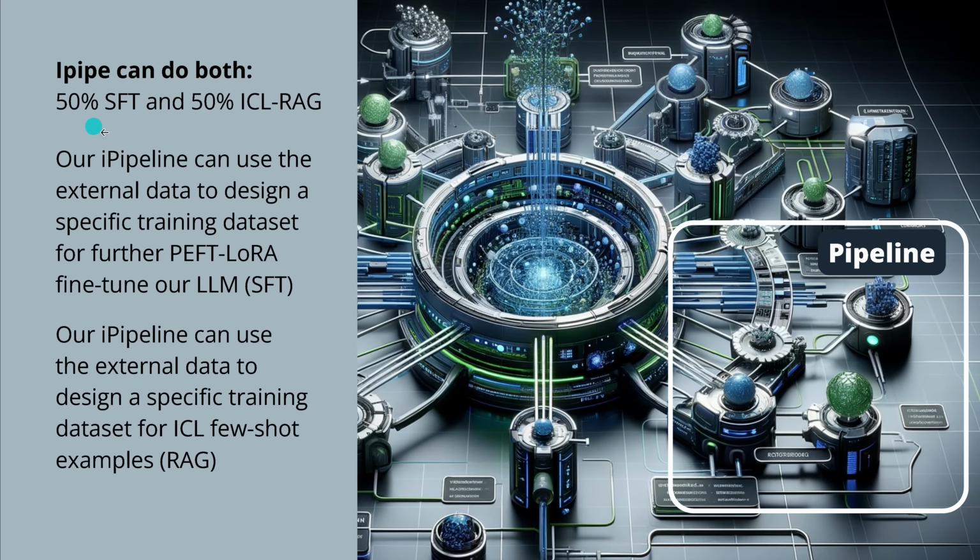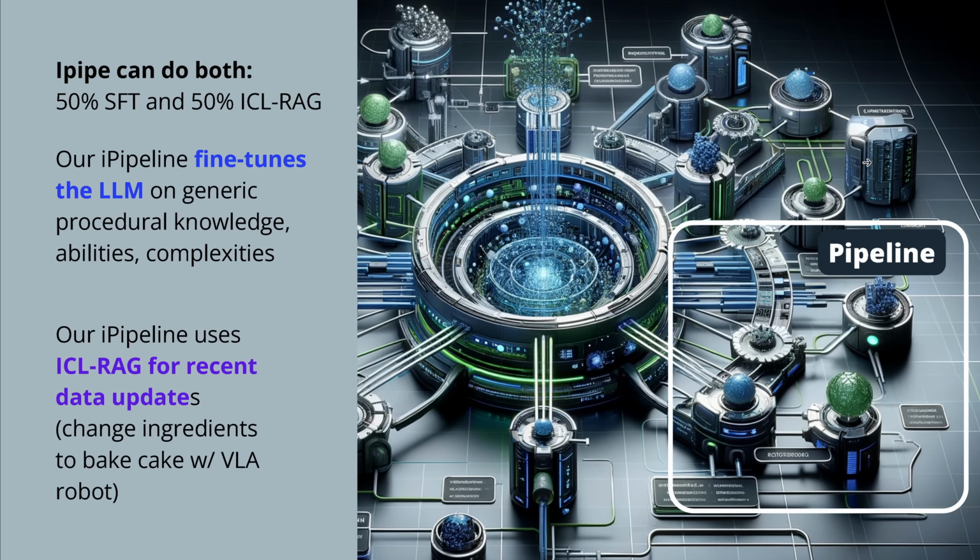So let's say 50-50 or 30-70 or whatever, 10-90. The pipeline should decide on my task given, on my query given, if to find here the optimal answer, it should use here 10% fine-tuning or a 90% ICL RAG training dataset creation. This is the problem we are facing today.